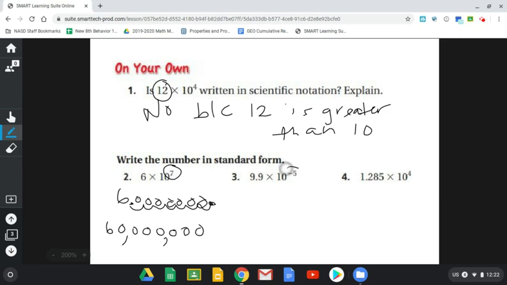For number 3, we're going to start with 9.9. Now, I noticed that the exponent on base 10 is negative, so that means I'm going to move my decimal to the left. So I'm going to give myself some room to do that. I'm going to write my 9.9 over here. And the negative 5 is telling me to move to the left 1, 2, 3, 4, 5 places. And here's where my new decimal point is going to be. And I'm going to fill in all those empty spaces with zeros.